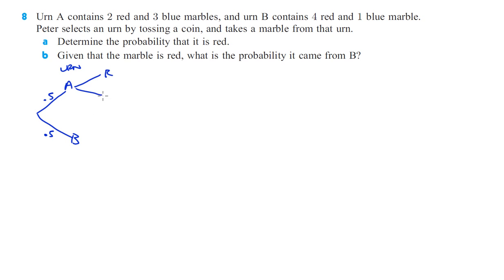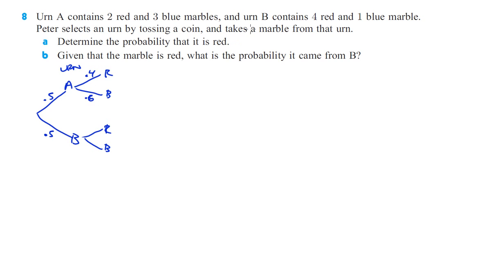If urn A is chosen, you can either get a red or a blue marble, and same thing with B. You can either get a red or a blue marble. So the probability in urn A of getting a red marble is 2 out of 5, so that's 0.4. Urn A blue is 0.6 then, right? Because those have to add up to 100.